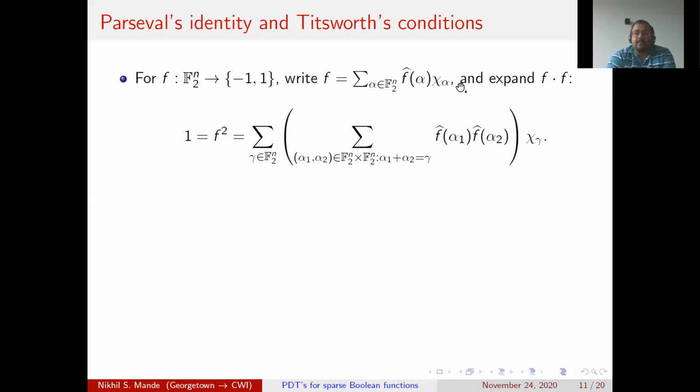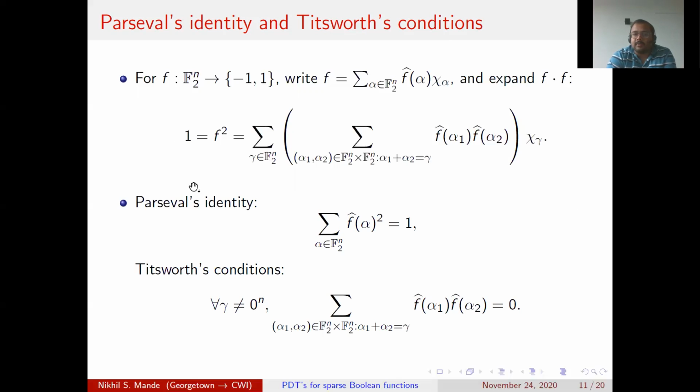And notice there's a bunch of cross terms. So there are terms of the form chi gamma, and their coefficients are exactly f hat at alpha 1 times f hat at alpha 2, such that alpha 1 plus alpha 2 equals gamma. I didn't tell you this earlier, but chi alpha 1 times chi alpha 2 can be verified to be chi of alpha 1 plus alpha 2 fairly easily. So this is exactly the expansion that comes out.